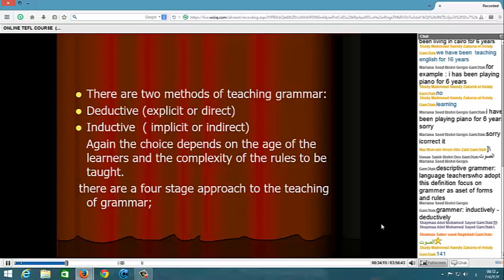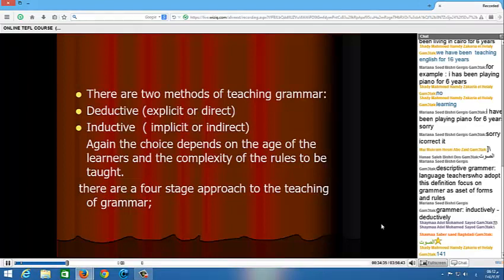Again, the choice depends on the age of the learners. We can't say that one is better than the other, but each of them is appropriate for a specific age level or language level of the learners.